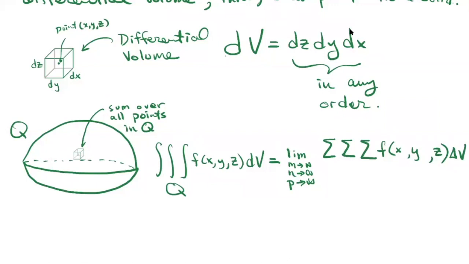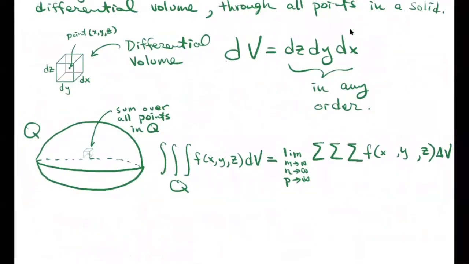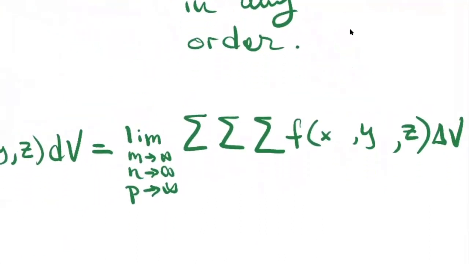Okay, and then there are going to be subscripts, of course, on all of this. A huge mess of subscripts. You have 3 subscripts for 3 indices, or 3 sums. So there's going to be an x_ijk star, like that. Same thing with y and z.